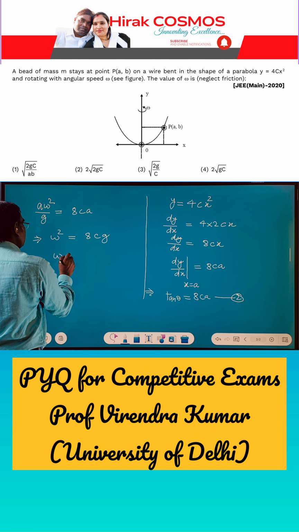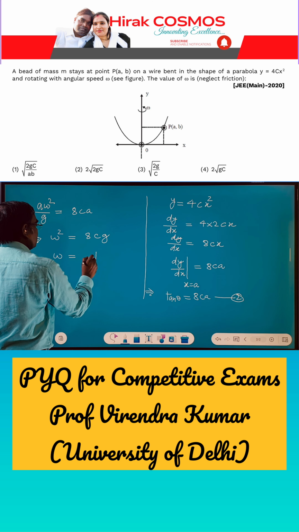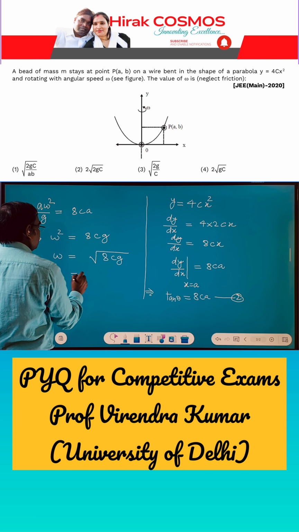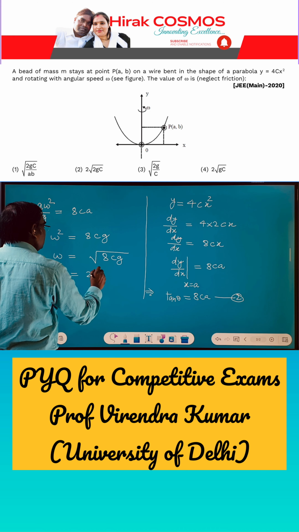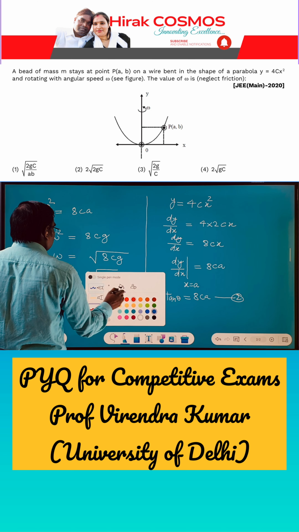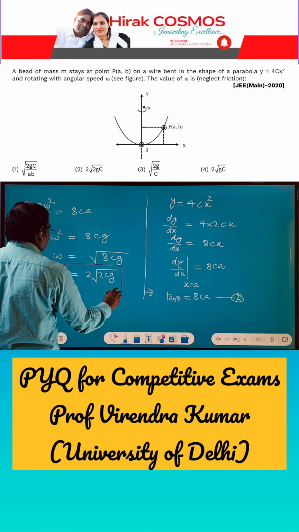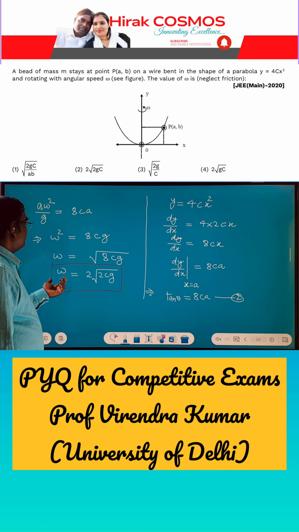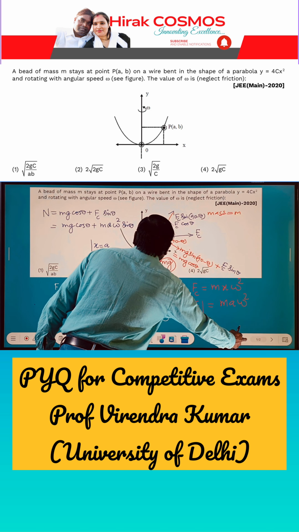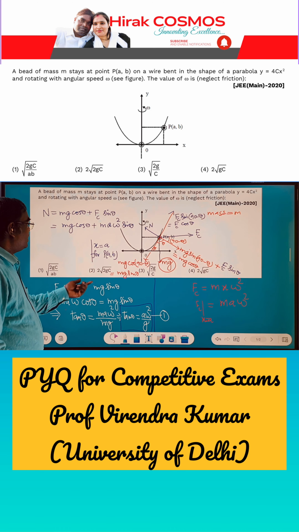So omega is equal to square root of 8cg, that is 2 square root 2cg. This is the value for omega. Omega is equal to 2 square root 2cg. Let us see which option is true. This is option number 2. That is the correct option for the given problem.